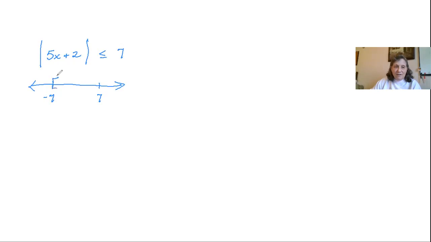In this case, that's going to have brackets, but this is the 5x plus 2, not the x. So we need to figure out what the x itself would be. So that means if we rewrite this as an inequality, negative 7 is less than or equal to 5x plus 2 is less than or equal to 7. Literally means 5x plus 2 has to be between negative 7 and 7.